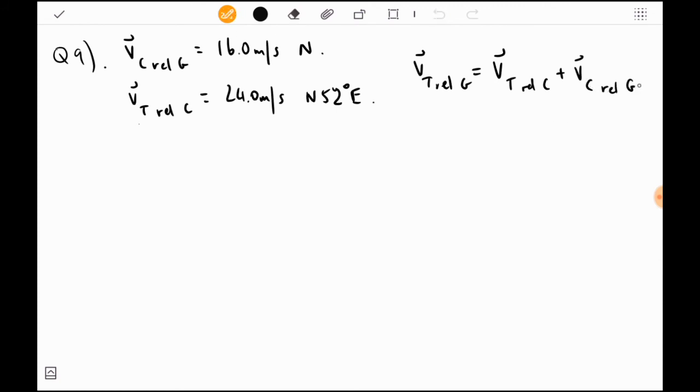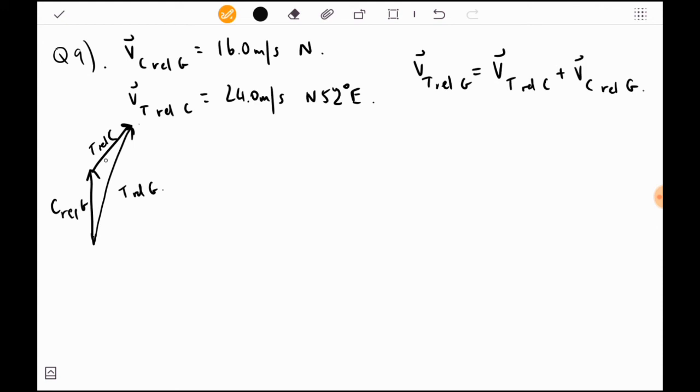C rel G. Okay, so drawing this out, I can go 16 meters per second north. So that's C rel G. Because I'm only dealing with velocities, I'm just going to label it like this. And then this is T rel C. And I want to find this here, which is T rel G. I'll just make these join up there.